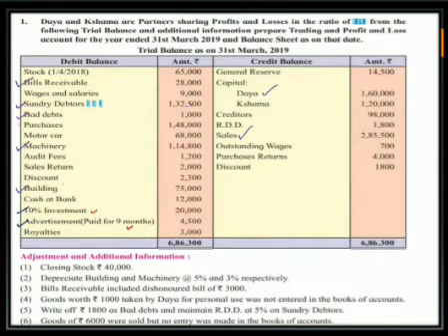Then we have to add this and show it to the profit and loss account debit side. That 1,500 again we have to show on the balance sheet liability side, outstanding advertisement. Students, don't worry, I have already shown the working adjustments in working notes. In the next slides you will come to know.